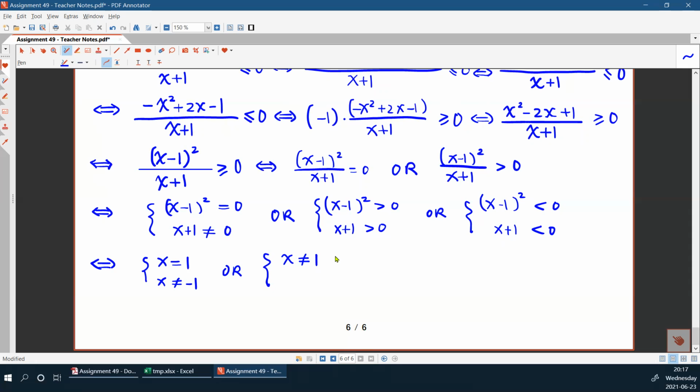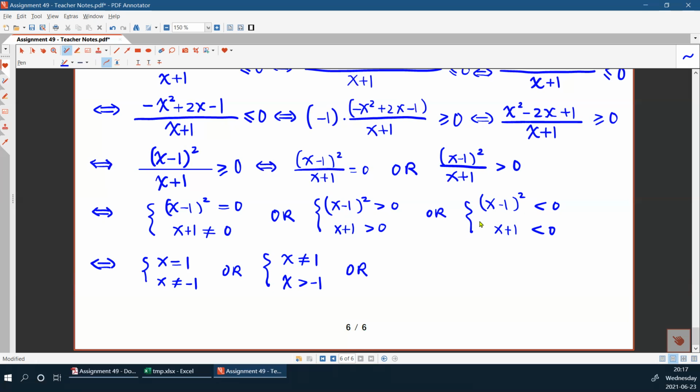If x is not 1, that means x minus 1 is not 0, so a non-zero number squared can always be a positive number. Dora, can you follow me? Okay, so the solution of the second is x cannot be 1 and x must be greater than minus 1, right?